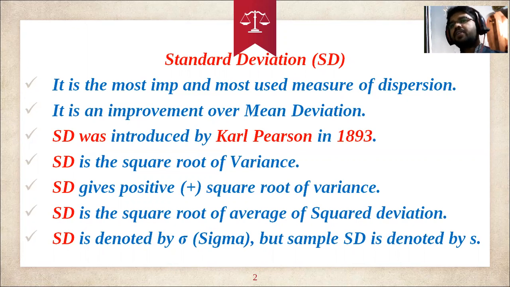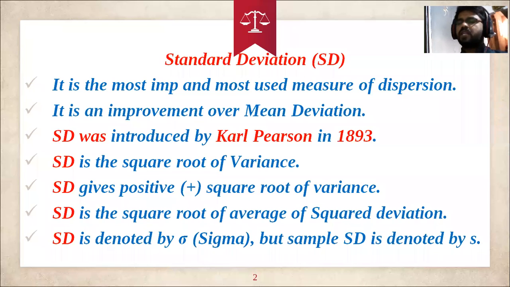Standard deviation is denoted by sigma, but sample standard deviation is denoted by s. Generally the standard deviation is denoted by sigma, when we have a large number of variables. But when we calculate the sample standard deviation, we use the symbol small s.